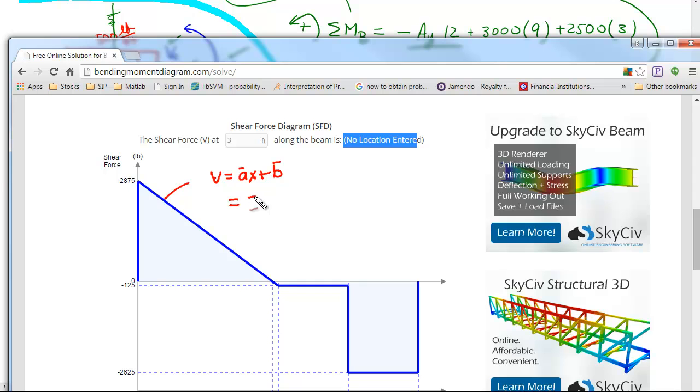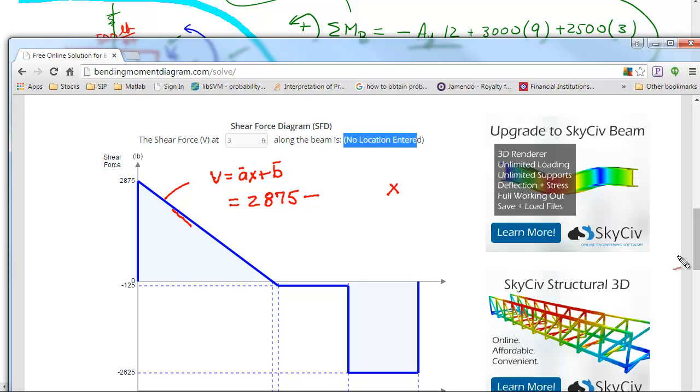Well, the intercept is 2875. The slope is a negative value times, in this case, x. So I've just got the equation of this line. All I need to know is what the two ends are. And that's all I need.